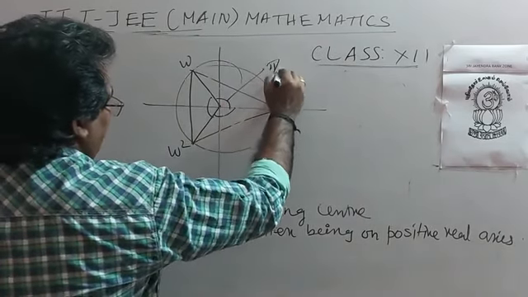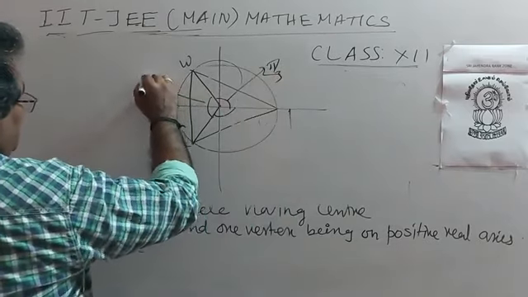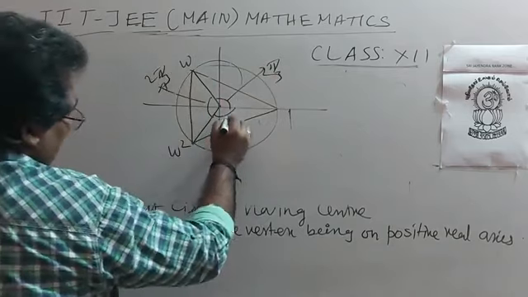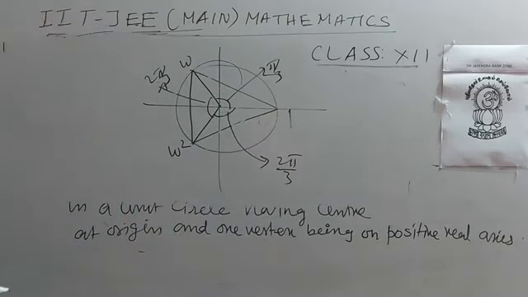All the angles are 2 pi by 3, that is 120 degrees. The angle between the radii is theta equal to 2 pi by 3.